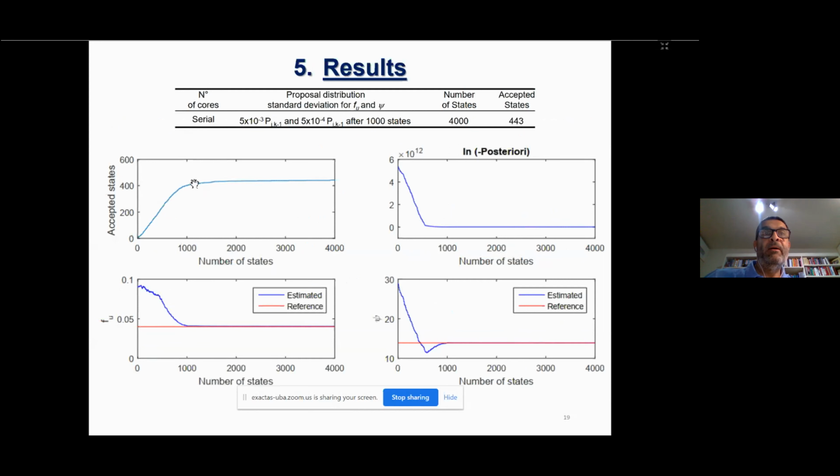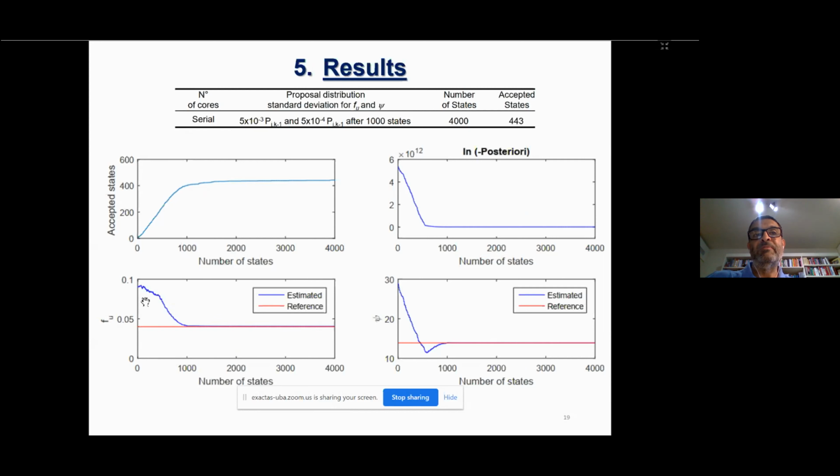algorithm. We can see that the states in the samples of the Markov chains for FU and psi eventually reach the reference value that was used to generate the simulated measurements.